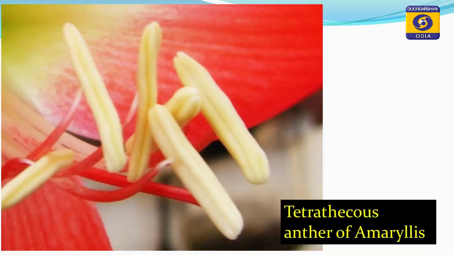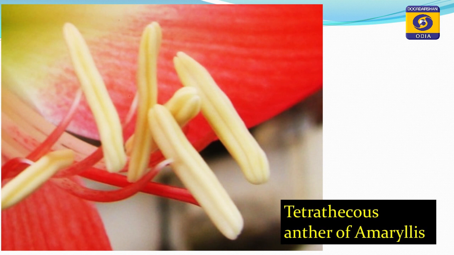So, each stamen consists of a filament, a stalk, and the real spore producing structure called the anther. As revealed, a typical anther consists of two equal halves, and then each half further has 2 lobes.